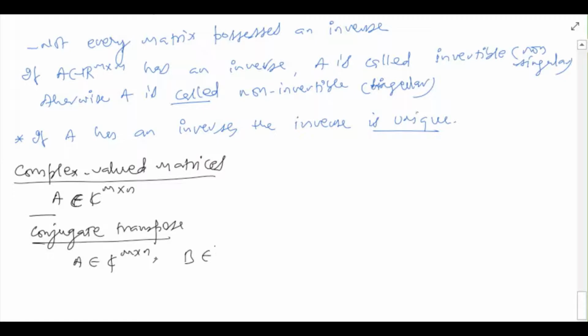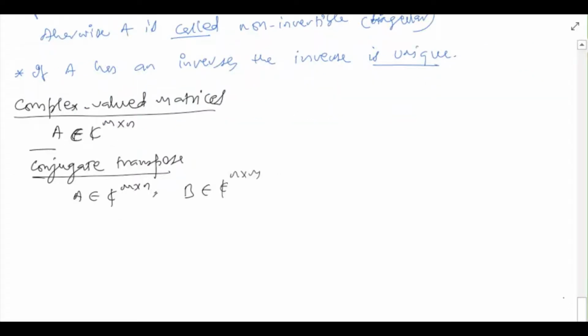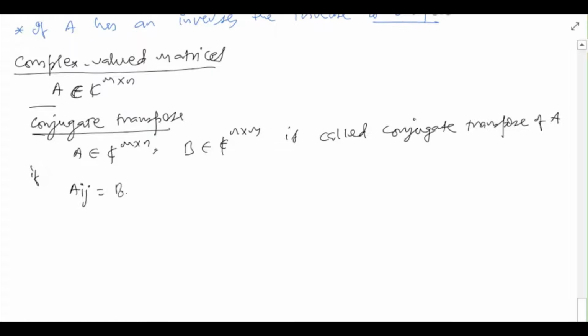I call another matrix B, which is n cross m, conjugate transpose of A if Aij is equal to conjugate of Bji.